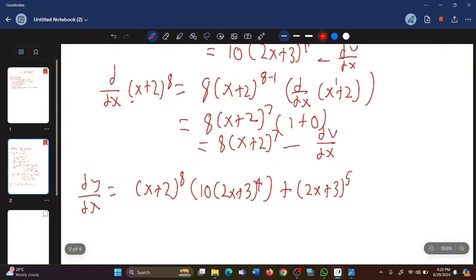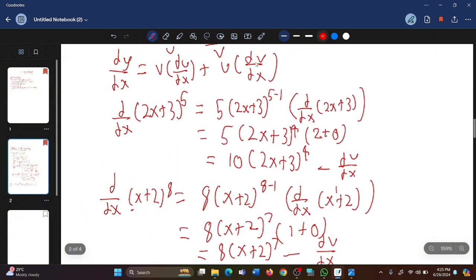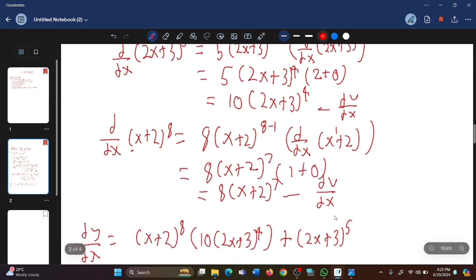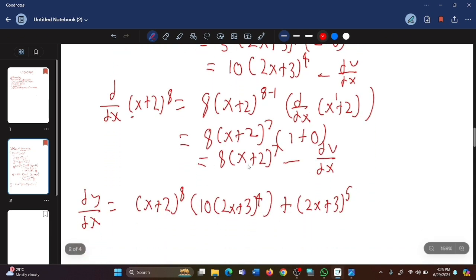Then after putting u, we put dv/dx, so the formula is v du/dx plus u dv/dx. So this is dv/dx. Thus we put 8 (x plus 2) to the power 7.